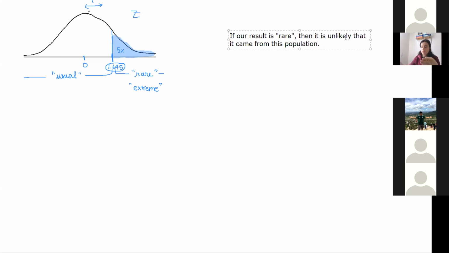So find our x bar minus 72 divided by 12 over square root of 30. That was a lot of words to make it sound simple, but it's really not that bad. And we're going to see whether it falls in a rare region or in our normal region. Okay. So here I go. I'm going to have x bar minus 72 divided by s, which is 12 over square root of 30.